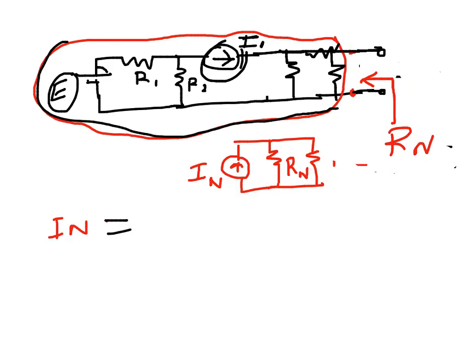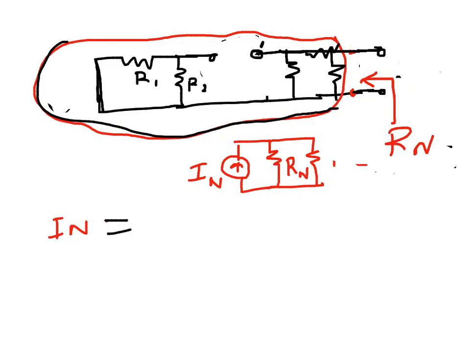But before that, all the sources inside are made inactive. So the current source is made open, this one is open, and the voltage source is short circuit. So both of them are inactive. The voltage source is short circuit and the current source is open circuit.